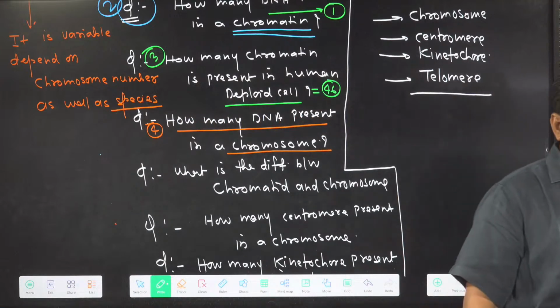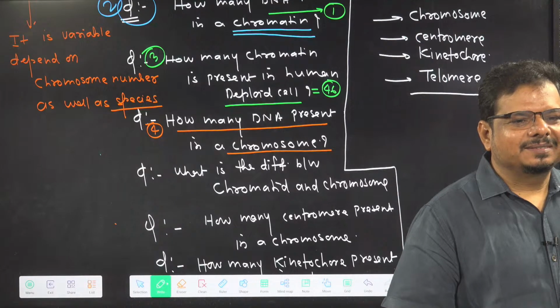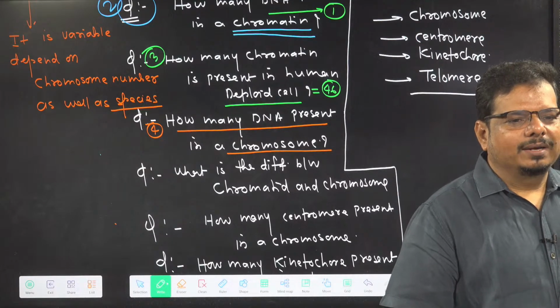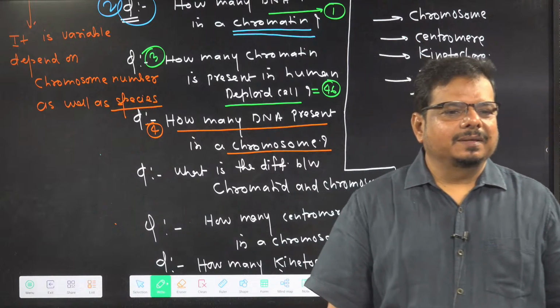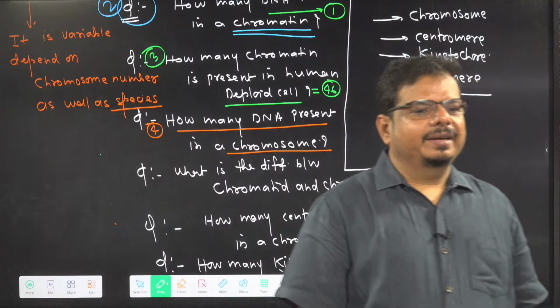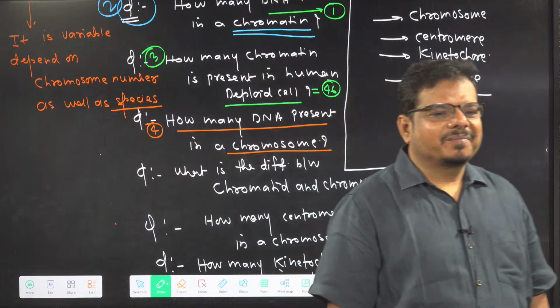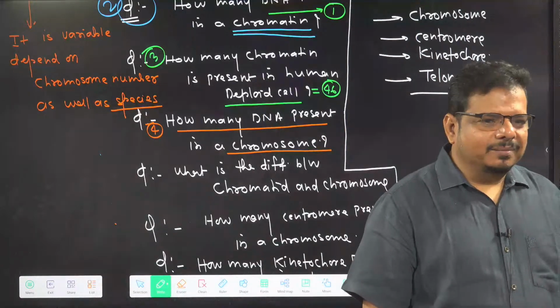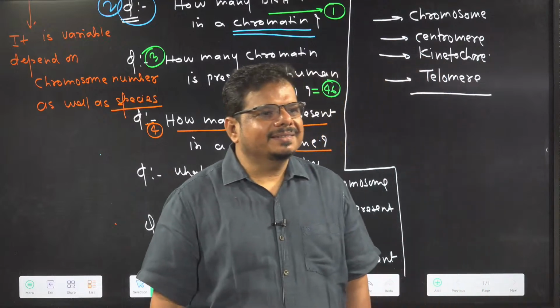What answer do you want to give? One student is writing 1, another writing infinite, someone writing 2, someone writing 23. So these are the variations of the answer coming from your side. Is it all right?